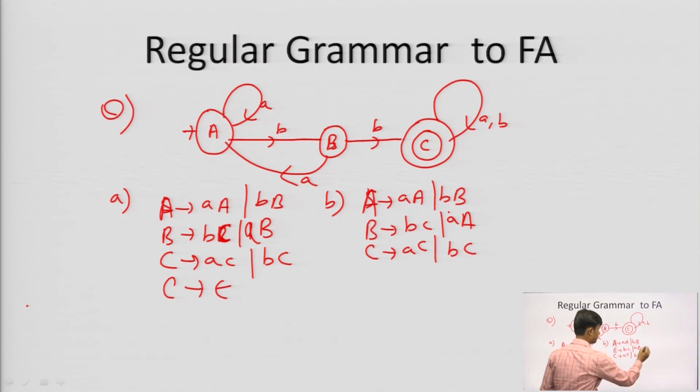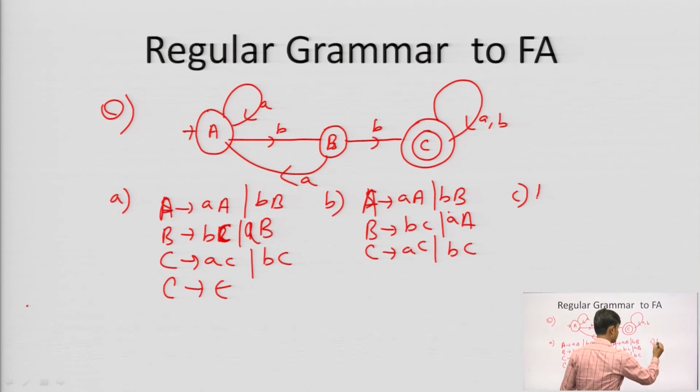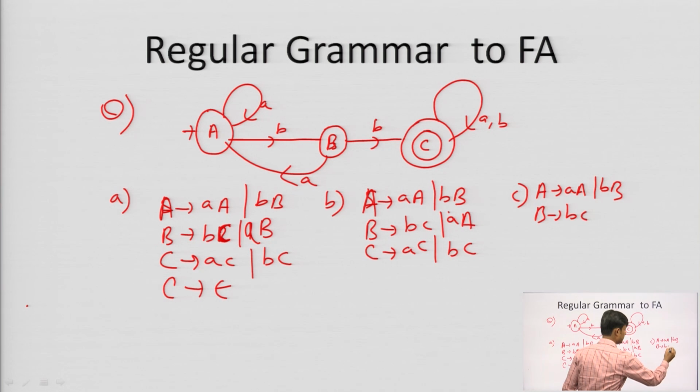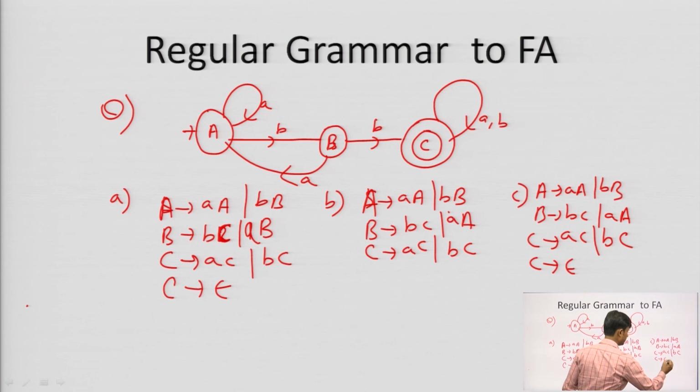And then option C is given: A to AB, and B to BC, and this is A, and C to AC, and this is BC, and C to epsilon. And option D is given none.